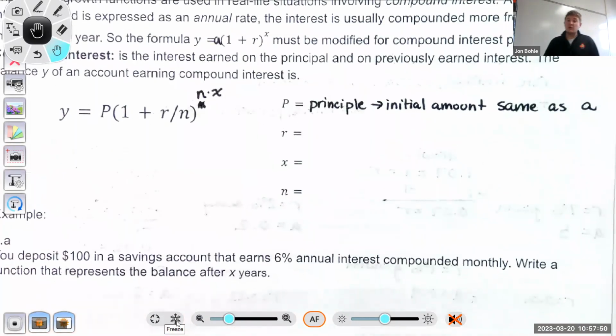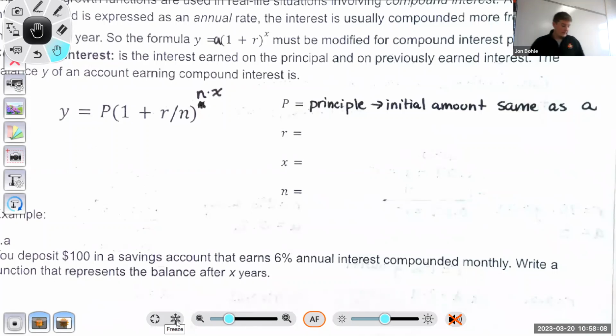This is the principal. It's the initial amount. It is the exact same thing as A on the previous page. There's no difference between capital P principal and A. It's just typically compound interest will be used with finances or money.